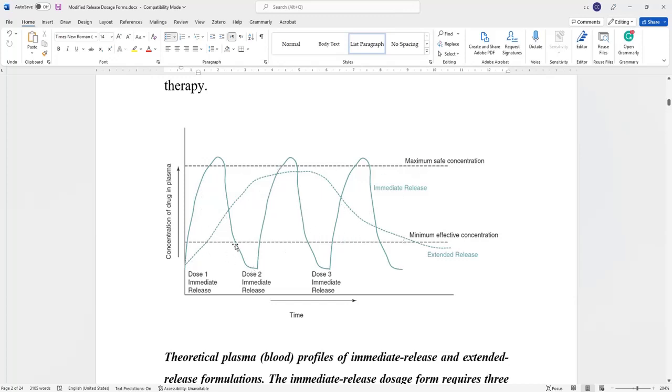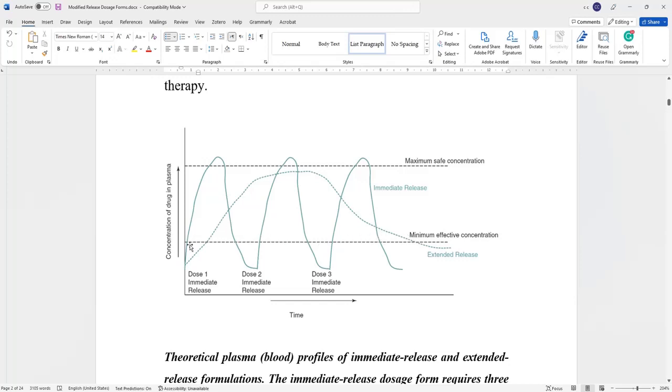What are these two lines? One represents the minimum effective concentration. So it means the drug must be above this concentration, or at least at this concentration, in order to produce a therapeutic effect.